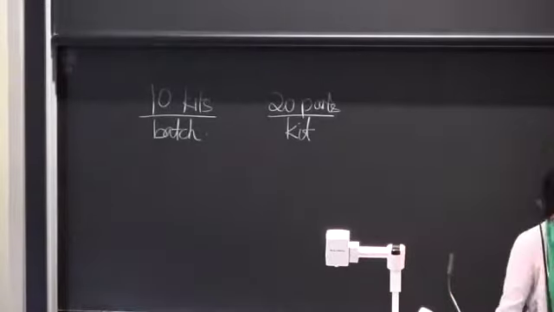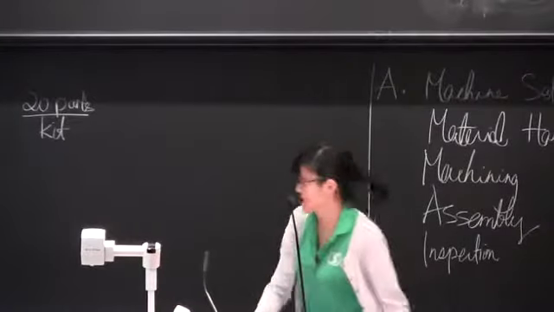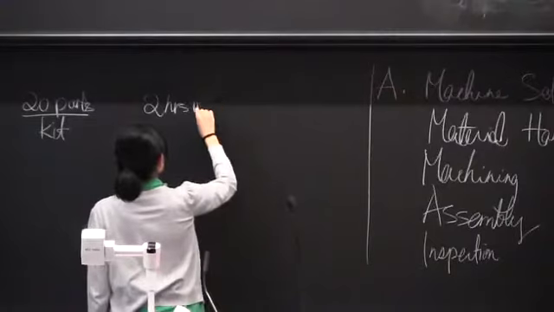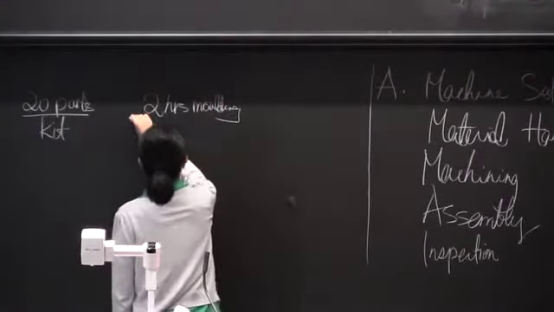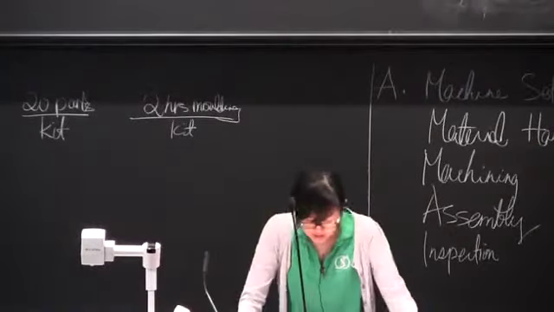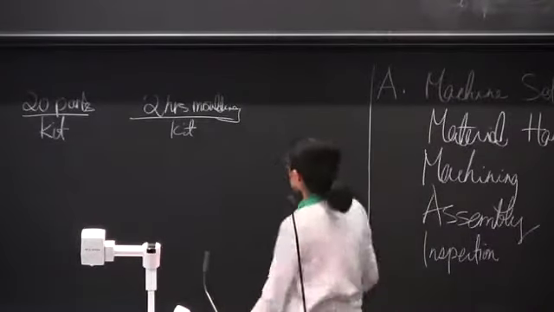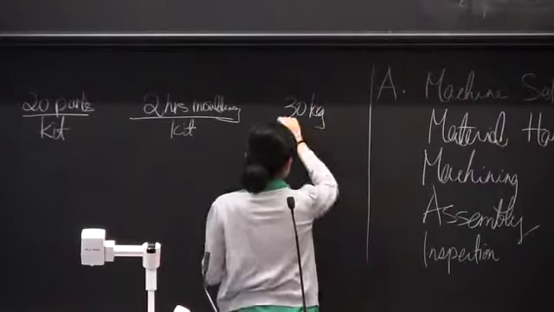In addition, they mentioned it requires 2 hours in molding per kit, and each weighs 30 kilograms, so 30 kilograms per kit.